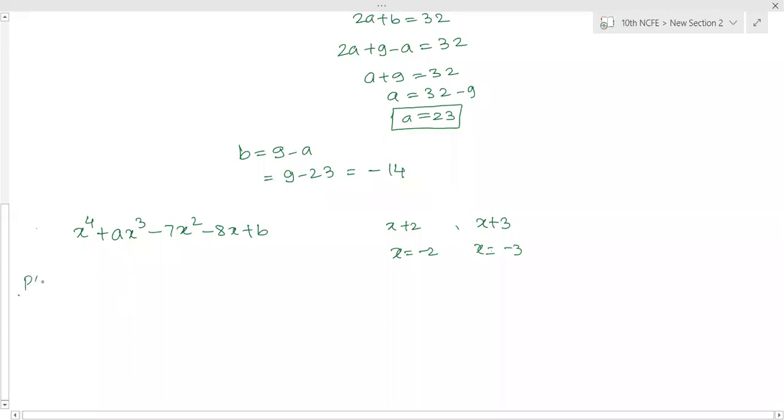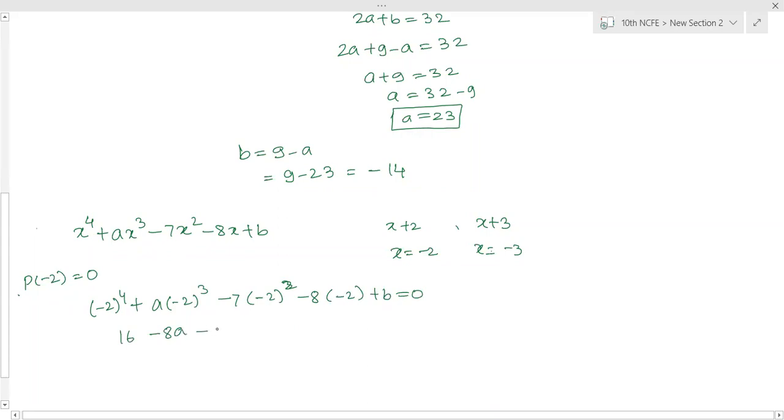So substitute p of minus 2 is equal to 0. So minus 2 to the power 4 plus a into minus 2 cube minus 7 into minus 2 square minus 8 into minus 2 plus b is equal to 0. So this is 16 minus 8a, minus 2 square is 4.